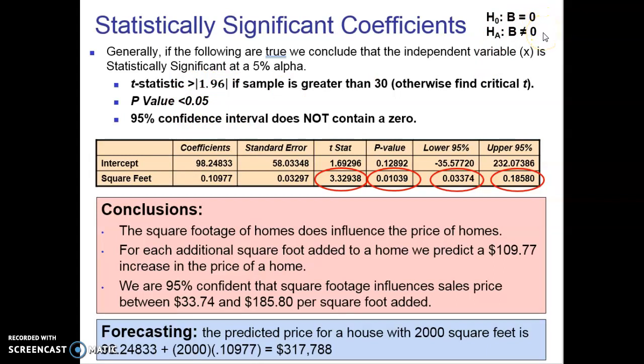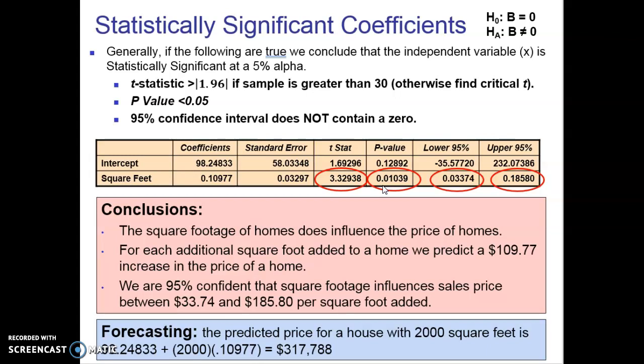If you do this correctly, the t-stat that establishes whether you have a statistically significant coefficient will not contradict the p-value establishing that you have a statistically significant coefficient. They will simply mirror each other in terms of information.